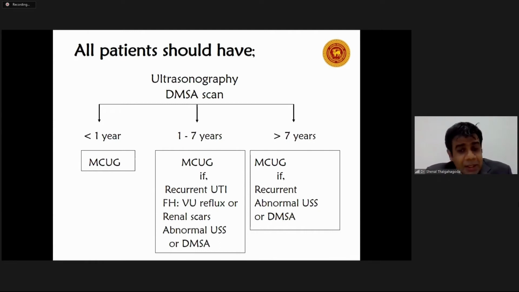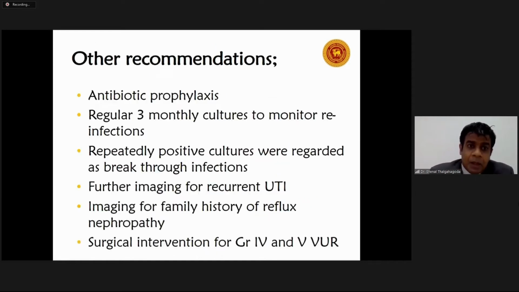Between 1 and 7 years, MCUG was recommended if there were recurrent UTIs, if there was a family history of reflux, or if there were abnormalities on your ultrasound scan or DMSA. If they were above 7 years, MCUG was recommended for abnormalities on ultrasound scan and DMSA, or if the UTI was a recurrent UTI. So there was extensive investigation.